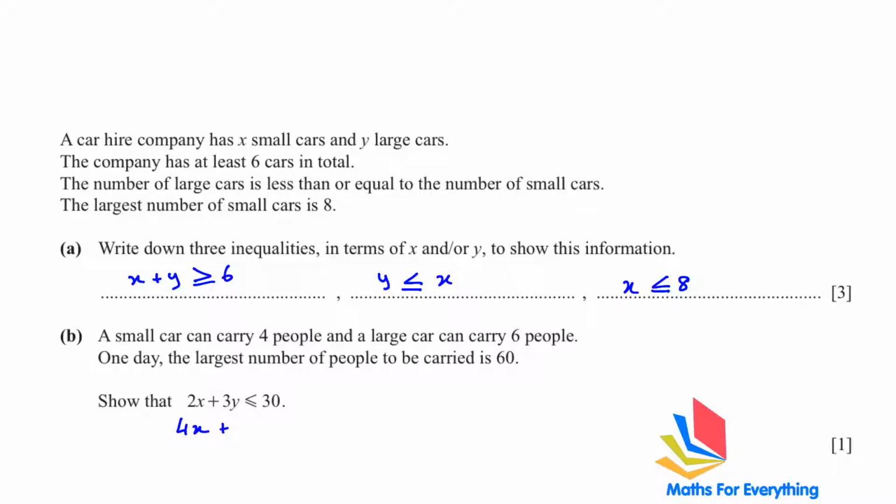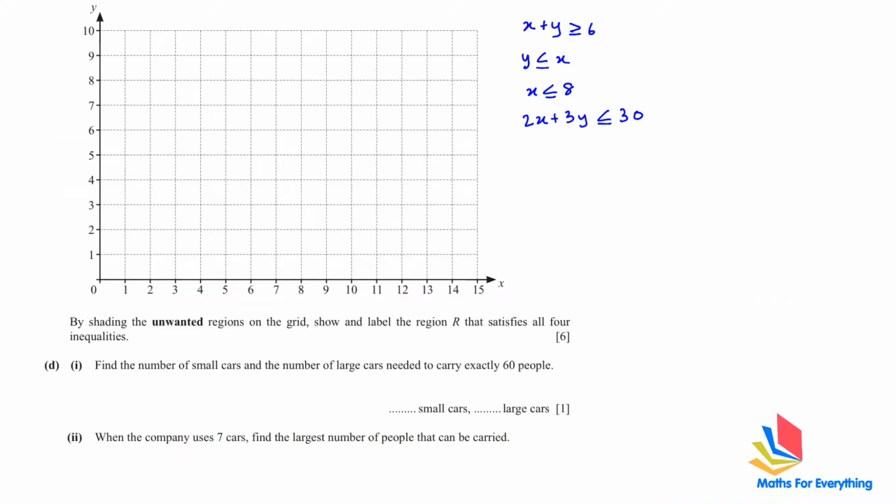So 4x, and a large car can carry 6 people, 6y. The total number of people to be carried is 60. So this expression has to be less than or equal to 60. Divide all the numbers by 2. You will have 2x plus 3y is less than or equal to 30.